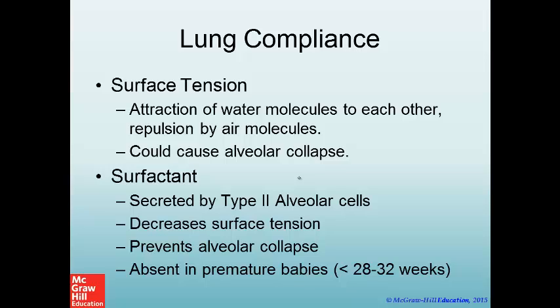And so we prevent that from happening because of type 2 alveolar cells. Type 1 alveolar cells are the actual simple squamous alveoli cells themselves. Right? Simple squamous epithelium, flat epithelial cells, type 1.